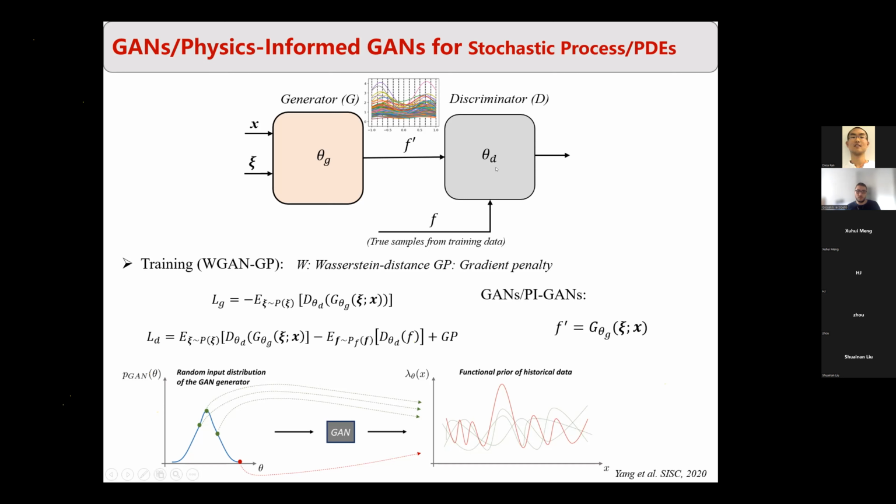The discriminator takes samples from the data. The training data is from a stochastic process, or a distribution over functions. And this is the loss function for training the generator and the discriminator.